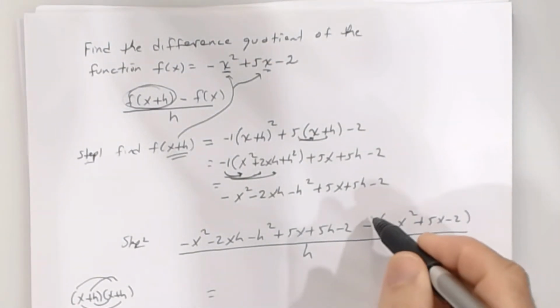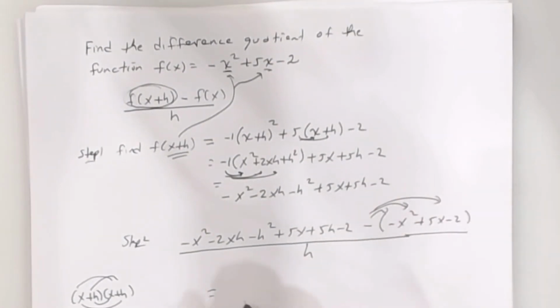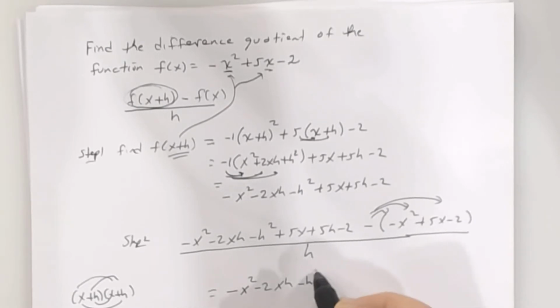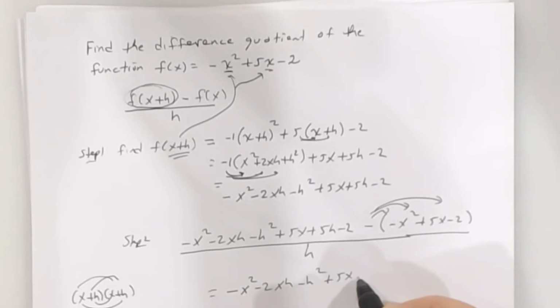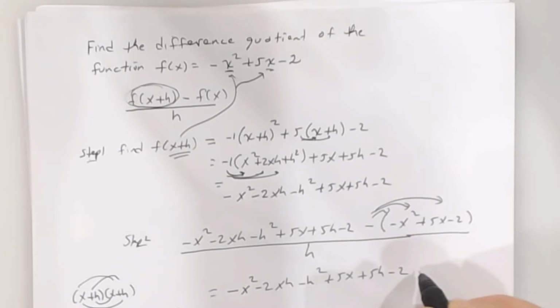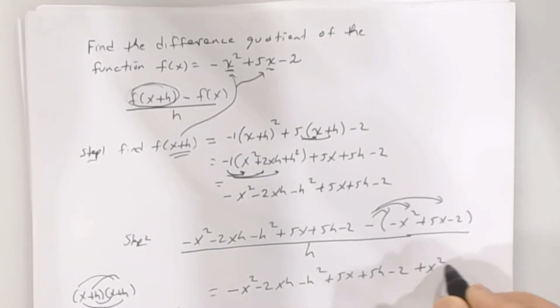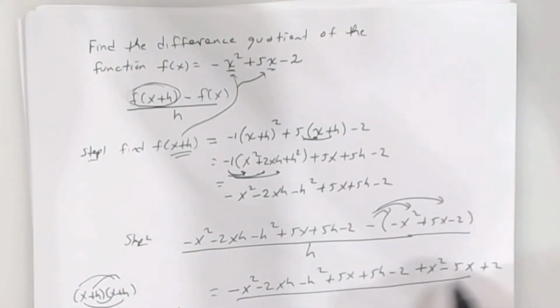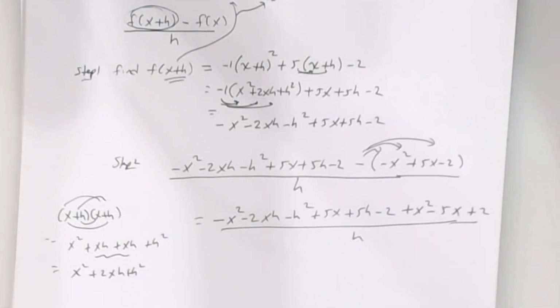All right, now you just simplify step 2, and that will be your answer. So get rid of the parentheses, distribute the negative. What does the numerator become? Minus 2xh minus h squared plus 5x plus 5h minus 2, and then plus x squared minus 5x plus 2, all divided by h. And remember, at this point in the numerator, every term that doesn't have an h in it should cancel out with something.